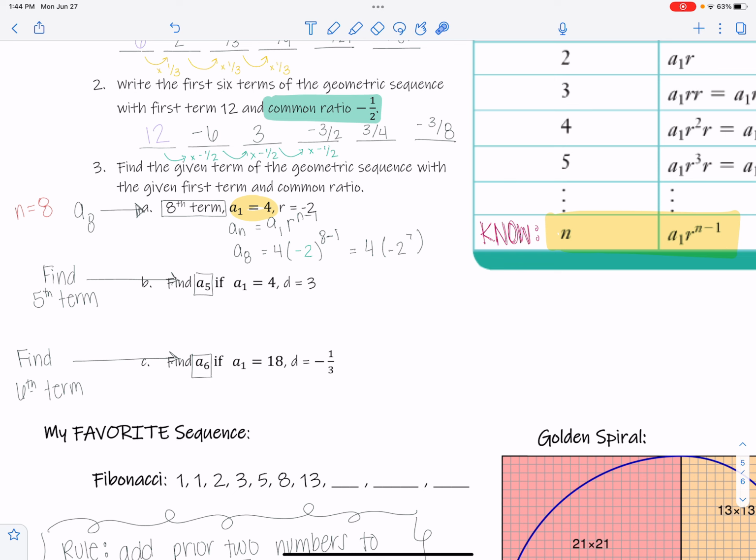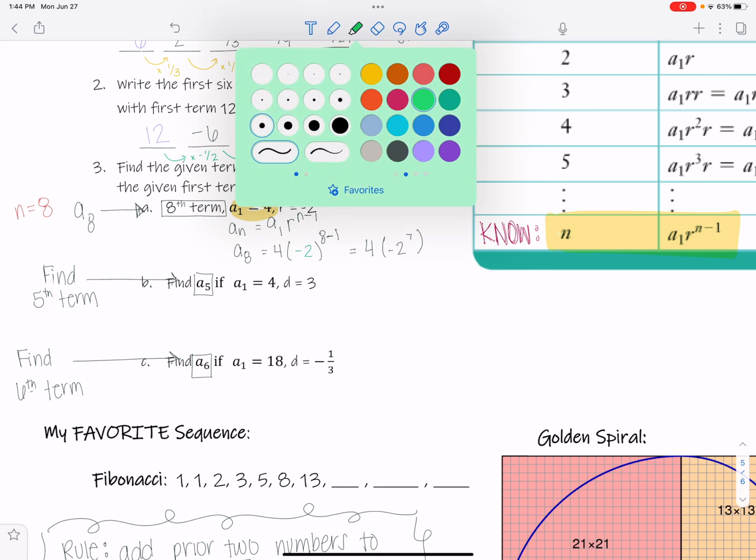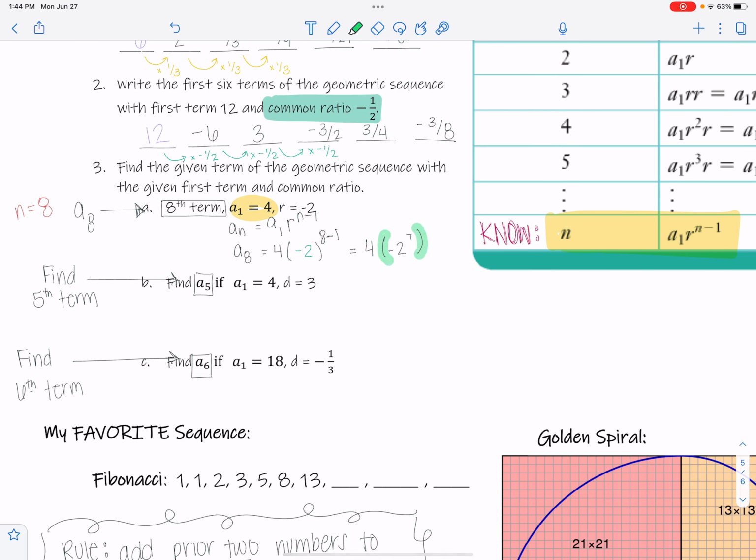So I need to simplify this whole thing before I can multiply by 4. So I'm going to do -2 to the 7th power and then times 4. That's going to give me a final answer of -512. And that is the 8th term in that sequence.